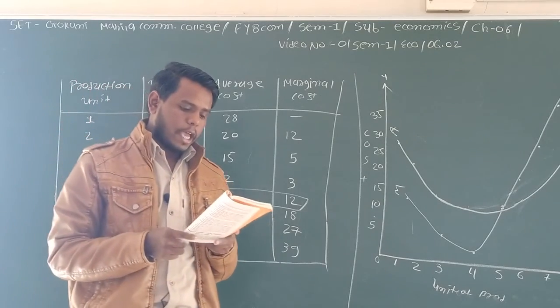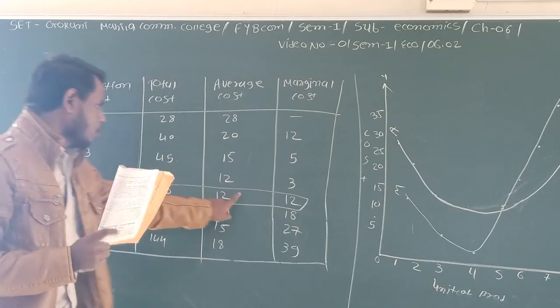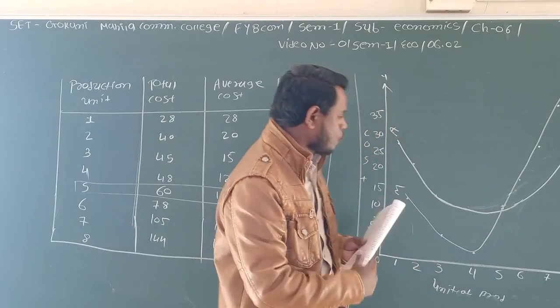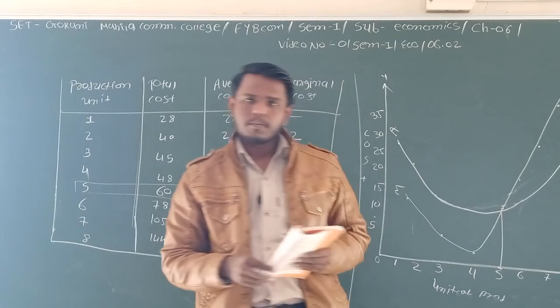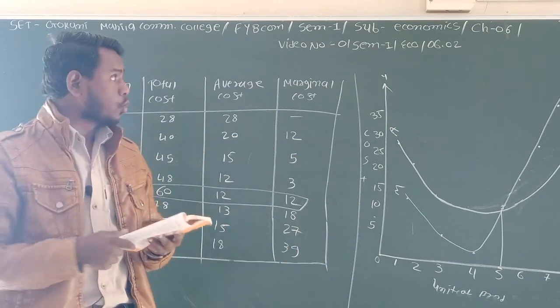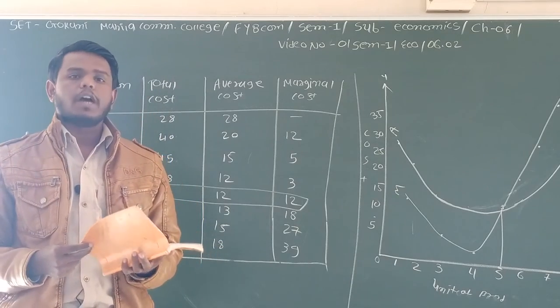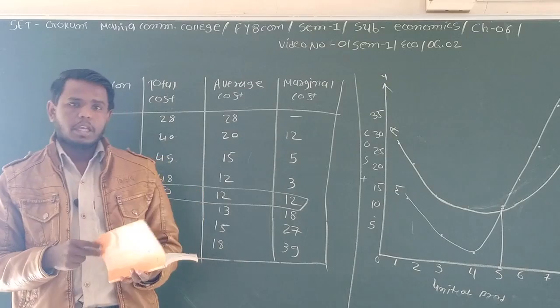So this is the diagram. In the fifth point, average cost and marginal cost are both equal, so they intersect here in the fifth point. So this is the diagram related to your marginal cost and average cost. How this diagram will affect your business organization practically will be studied in our next video.